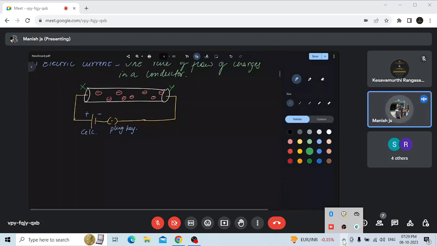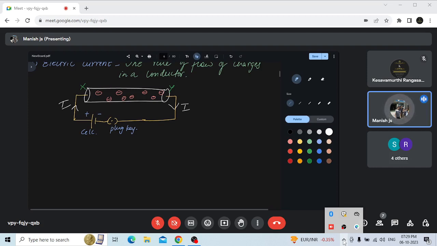So therefore, here comes the concept of potential. Potential difference is very, very important for the flow of current. Now this potential difference is provided by a cell or a battery. What is the difference between a cell and a battery? We will see. I hope it is very clear to you how current flows.